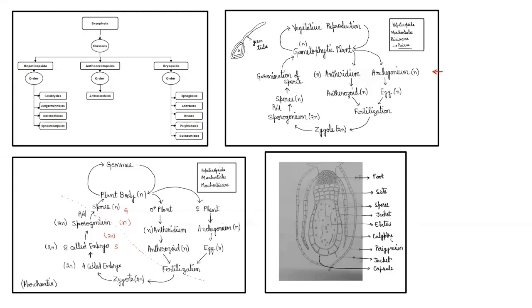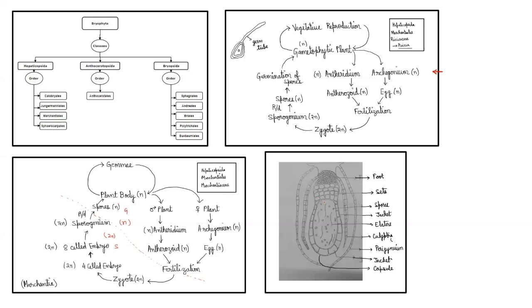Now, these male plant and female plant will produce antheridium and archegonium, and they will form gametes which will fertilize to form zygote. This zygote will form embryo, and the embryo will pass through various stages like the 4-cell stage, the octant stage, or the 8-cell stage, and then the sporophyte will be produced. Inside the sporophyte, the spores are produced, and these are the haploid spores which are produced after meiosis. These spores will germinate to form a new plant body, which is also haploid.